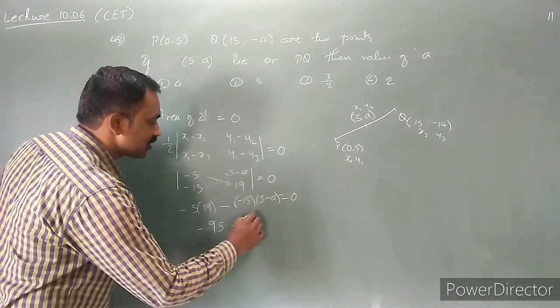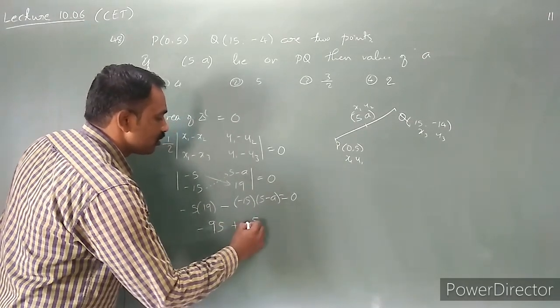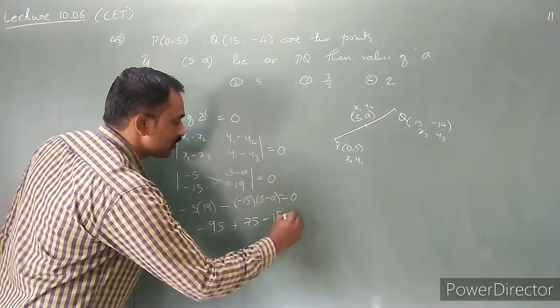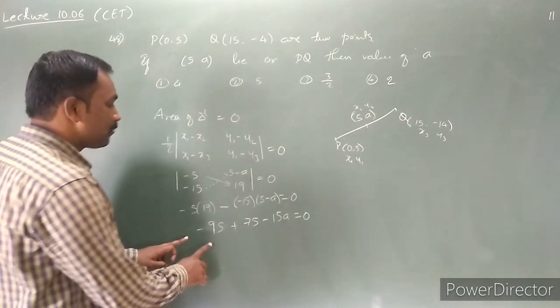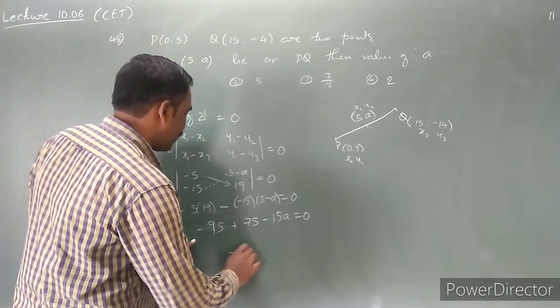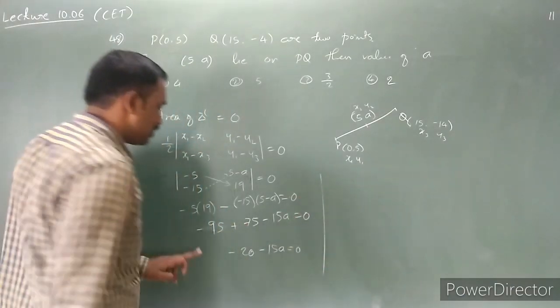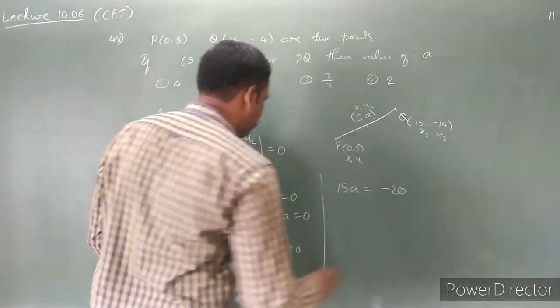Minus minus 15 into 5 minus A gives plus 75 minus 15A, equal to 0. Let's simplify: minus 95 plus 75 is minus 20, minus 15A equal to 0. So 15A is equal to minus 20.